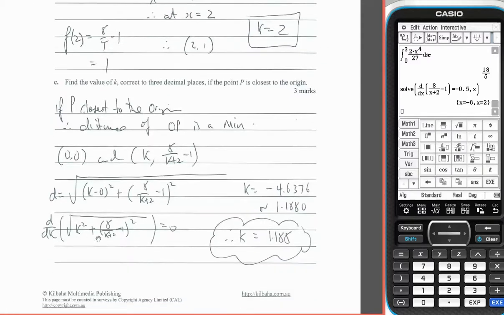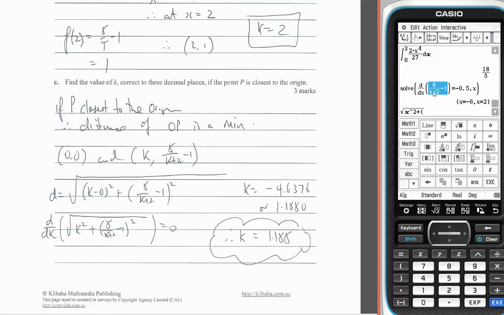So I'm setting up the difference, and I'm going to use x instead of k: x squared plus bracket, I'll take this, and close the bracket and square it.